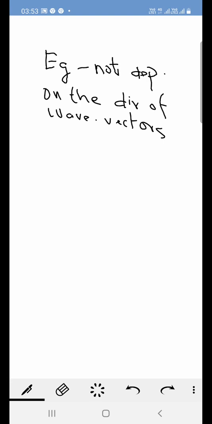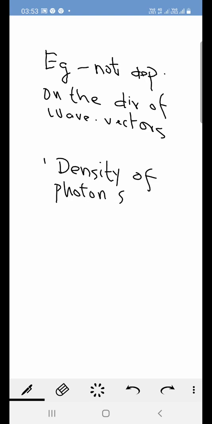We define light propagation, and the density of photon states goes to 0 in the band gap region.